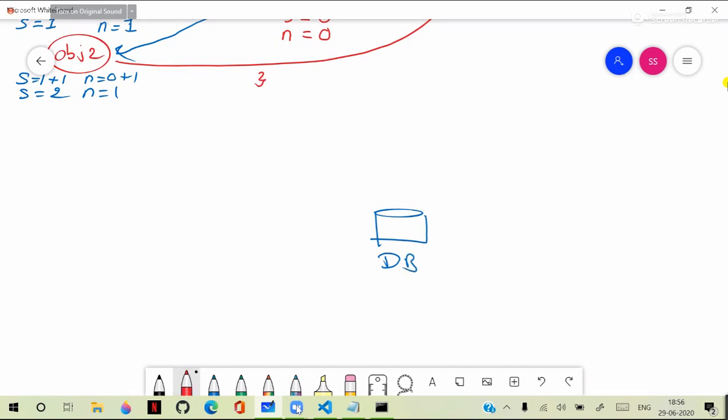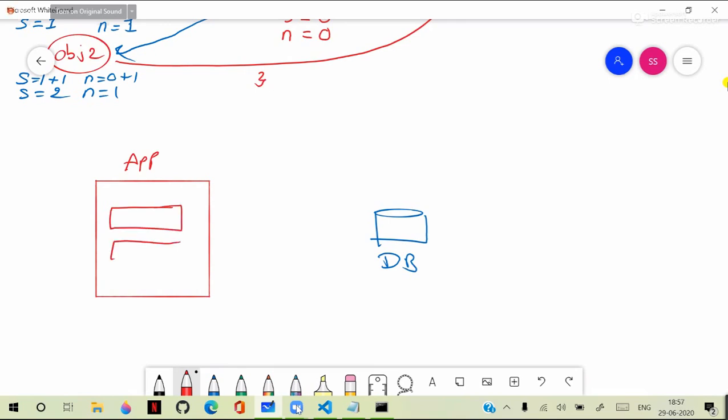Now we have an application. In this application, we need to perform various operations on the data, like insert, update, and delete. These are the operations we need to define.